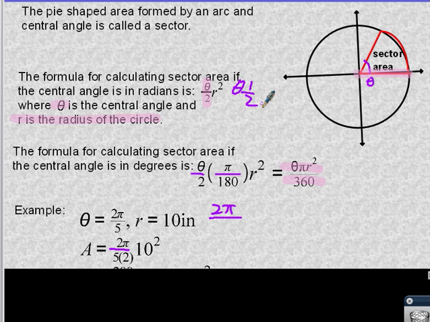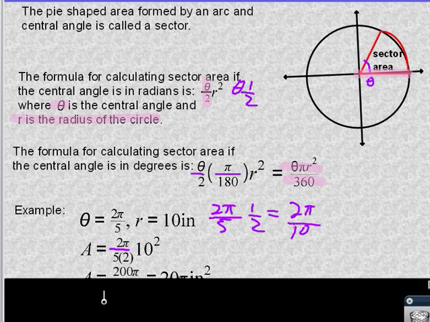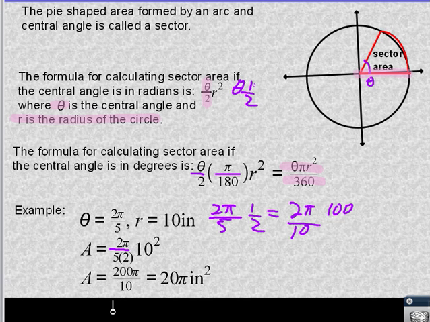So if theta is 2 pi over 5, I'm going to multiply it by 1/2, and that's going to give me 2 pi over 10. So 2 pi over 10 times 10 squared is going to be 2 pi times 100, which is where I get 200 pi over 10. Simplify this to get 20 pi inches squared.